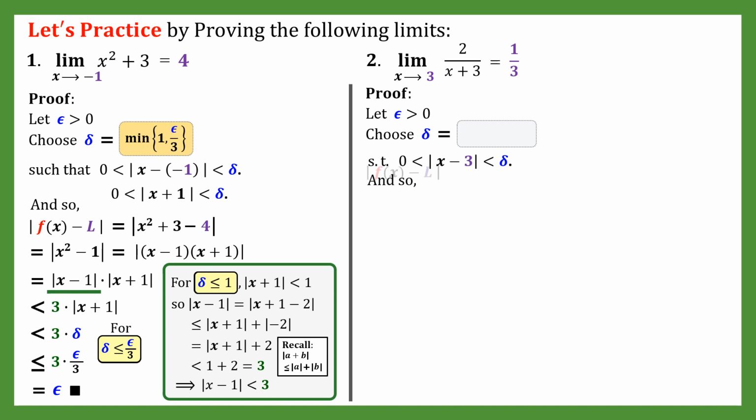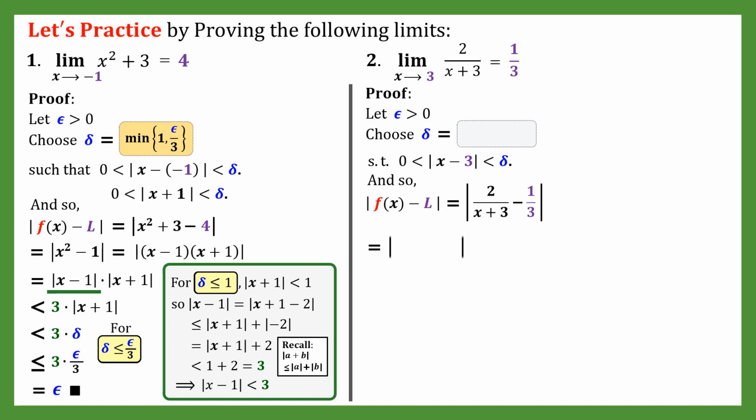And so, the absolute value of f of x minus L equals the absolute value of 2 divided by x plus 3 minus 1/3.